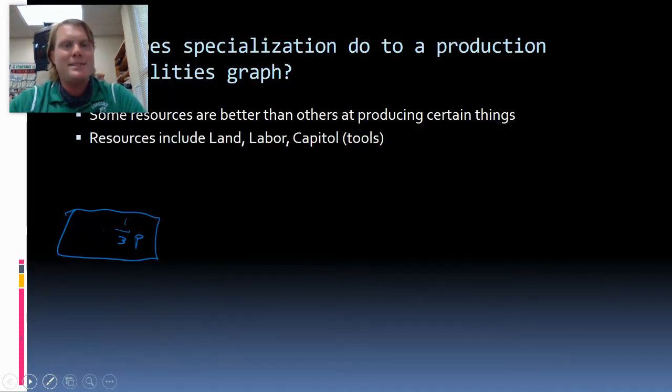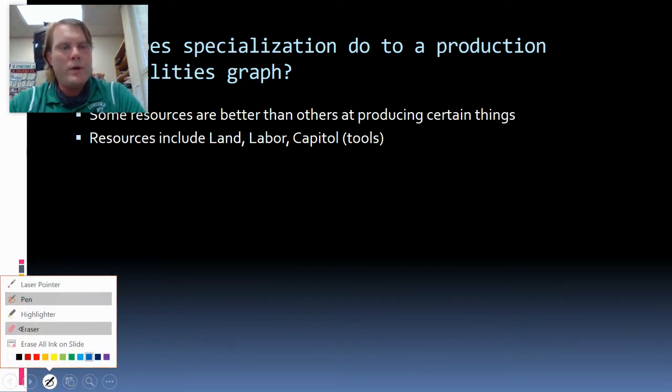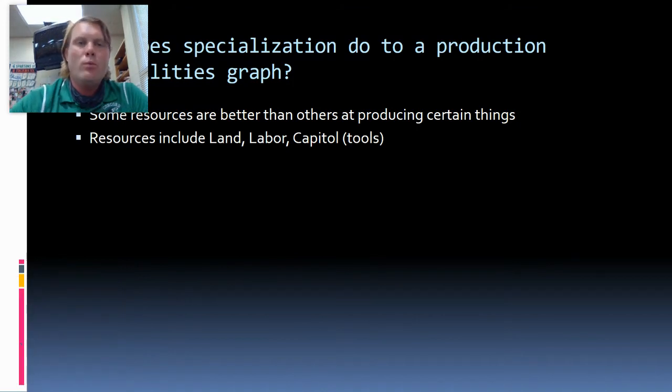Okay, last concept that we have here is that we know that sometimes things aren't as simple as what we like to be able to draw sometimes. So if we're talking about, let's just talk about Elkhart. And Elkhart has some farms on it. It also has some RV factories.